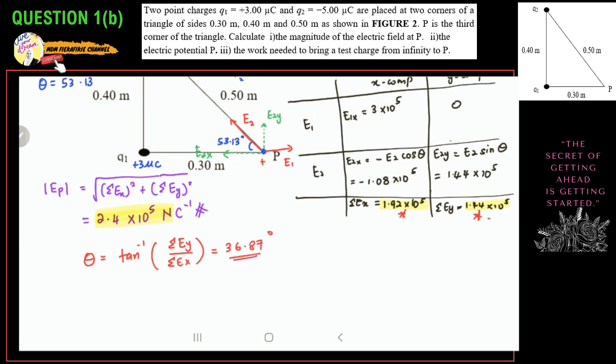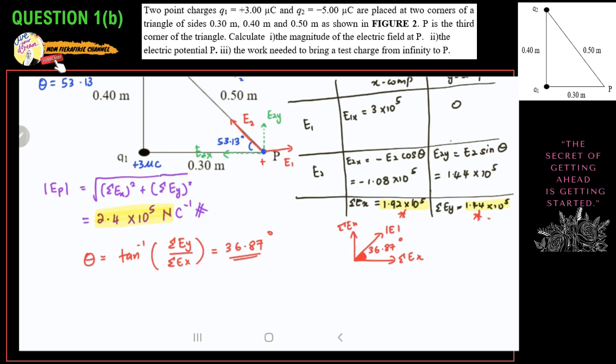Kalau kita lukis, awak tengok kat sini, total EX dia dapat mana? Tadi dapat positif kan? Dua-dua dapat positif. So, maknanya total EX in this direction. Y pun positif, so means upward. Inilah kita punya resultant E tadi. And the theta here yang kita kira tadi 36.87 degree.